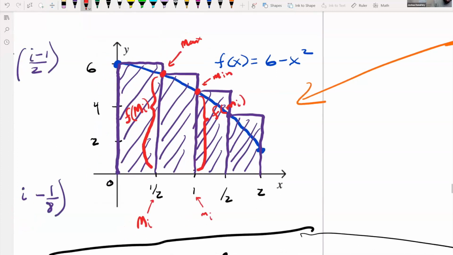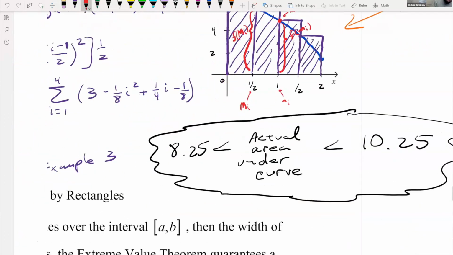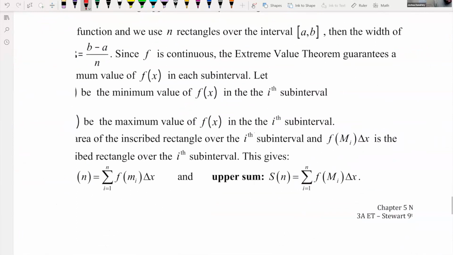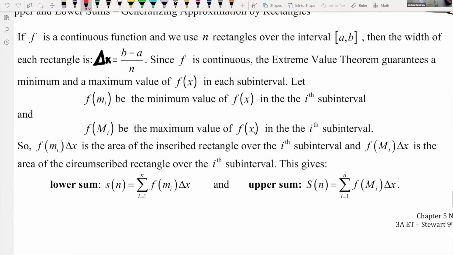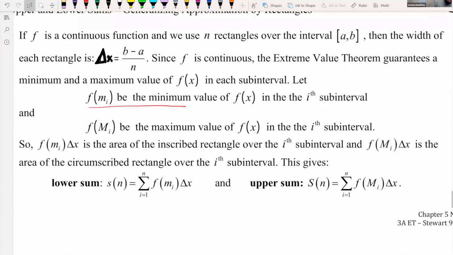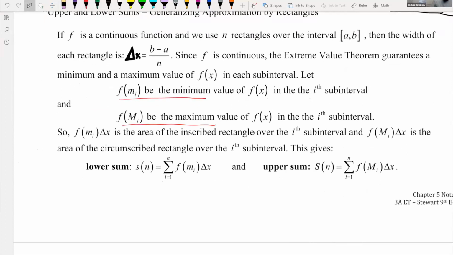And the idea here is that because we have a minimum value and a maximum value on each subinterval, we can get the lower sum by taking the minimum values on each of our subintervals times the width, right? This is again just height times width.